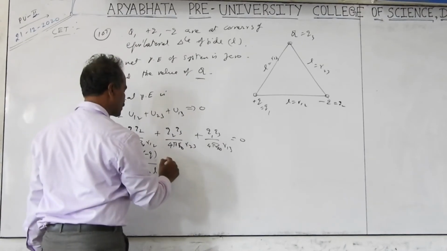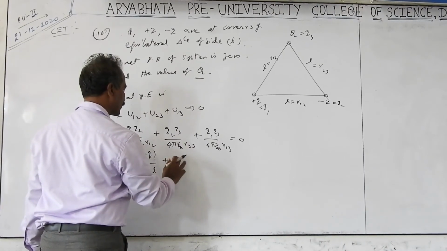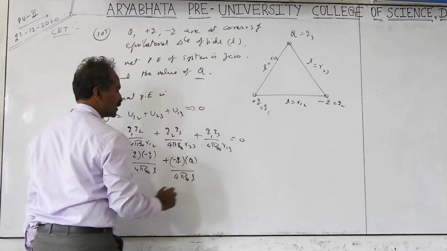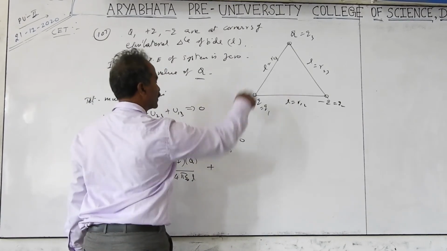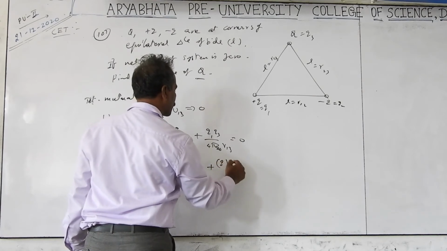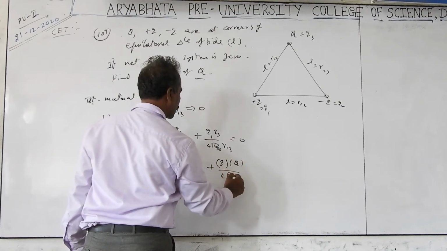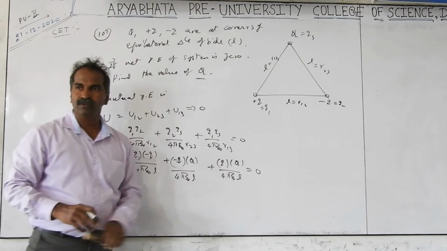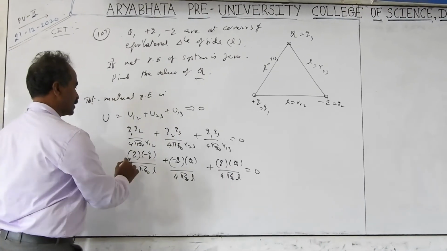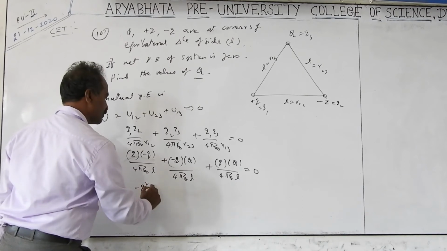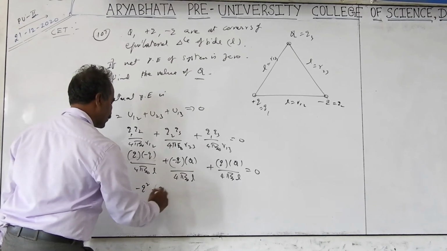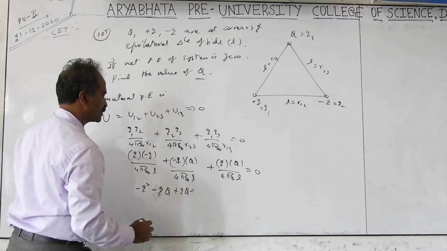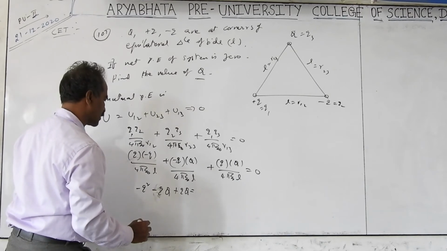Q3 is capital Q, so it is minus q into capital Q by 4 pi epsilon naught L, plus Q1 Q3, q into Q by 4 pi epsilon naught L, equal to 0. So I can take 1 by 4 pi epsilon naught L common out, cross multiply, the right side becomes 0. So the remaining formula is only minus q square, plus this is also minus qQ, plus qQ. So it becomes equal to 0 now.